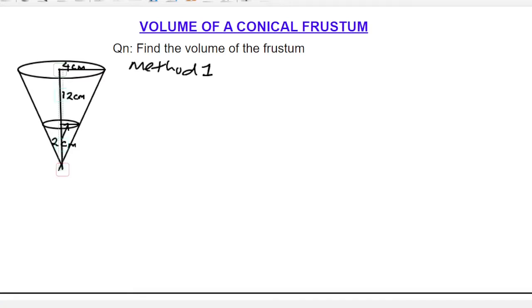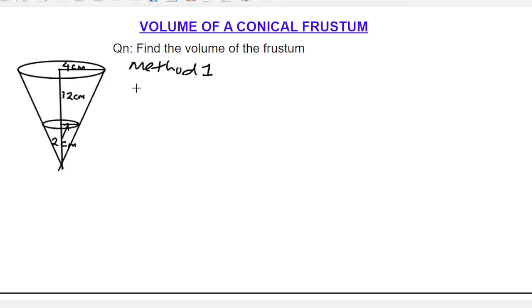Before the cone was cut right there, so that now we have the frustum, it was originally a very big cone, and if we complete like that, now we can see two similar cones. We have a smaller one, then the big one. The next thing we want to do is to know the formula we are going to use so that we see if we have all the items we need to do this question successfully.